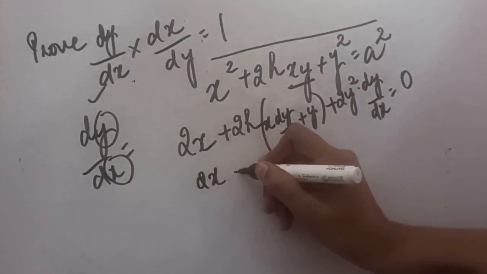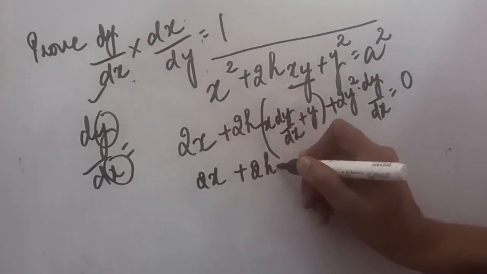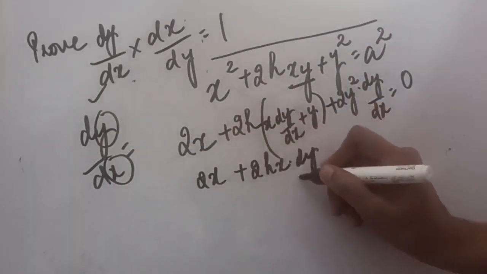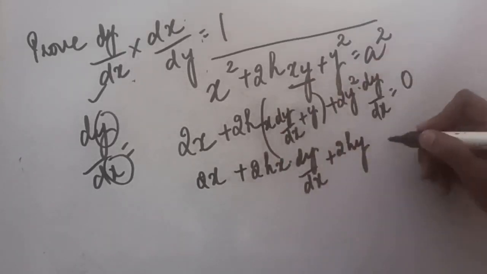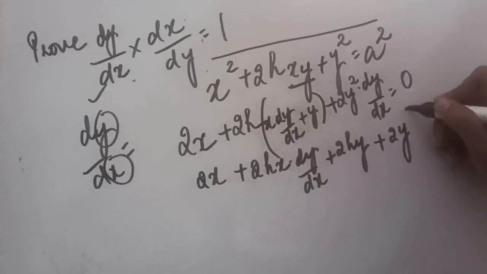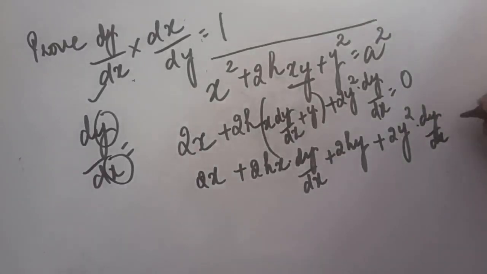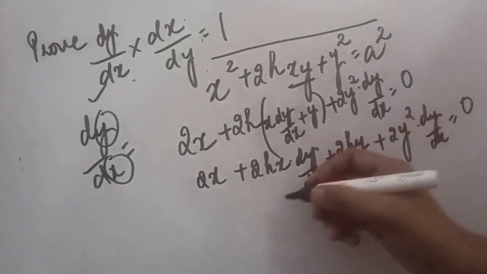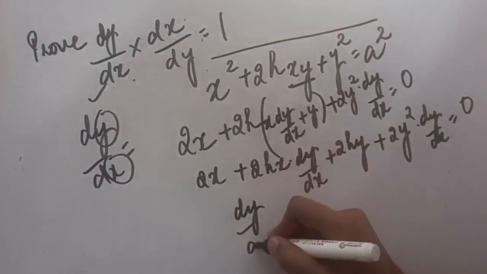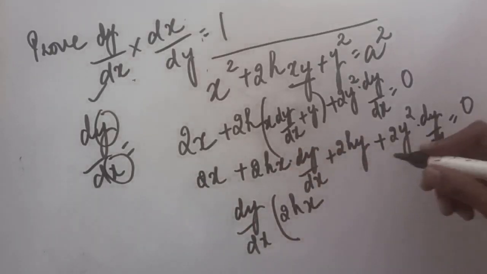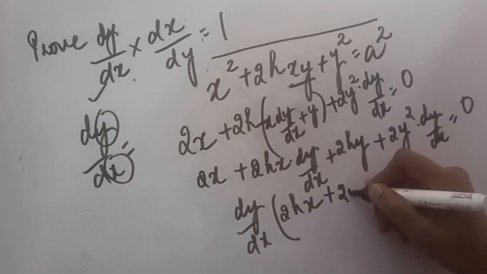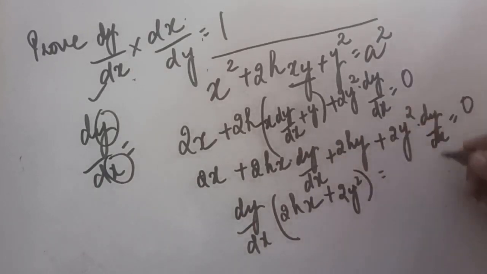So from here we reach dy upon dx. It is 2x plus 2hx dy upon dx plus 2hy, I have opened the bracket, plus 2y square into dy upon dx is equal to 0. Now keeping dy upon dx on the left hand side and taking it common, it will be 2hx plus 2y square, equal to minus 2x minus 2hy on the right hand side.